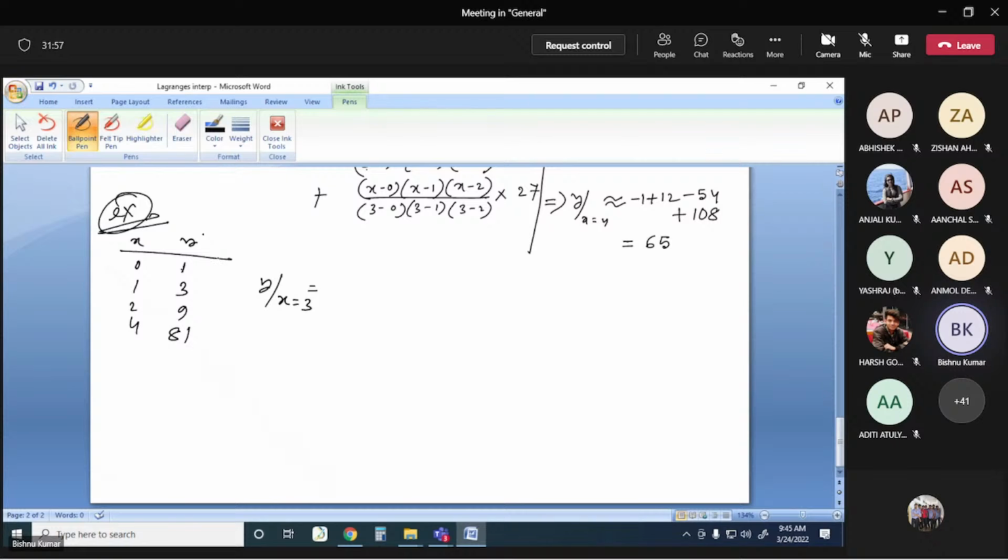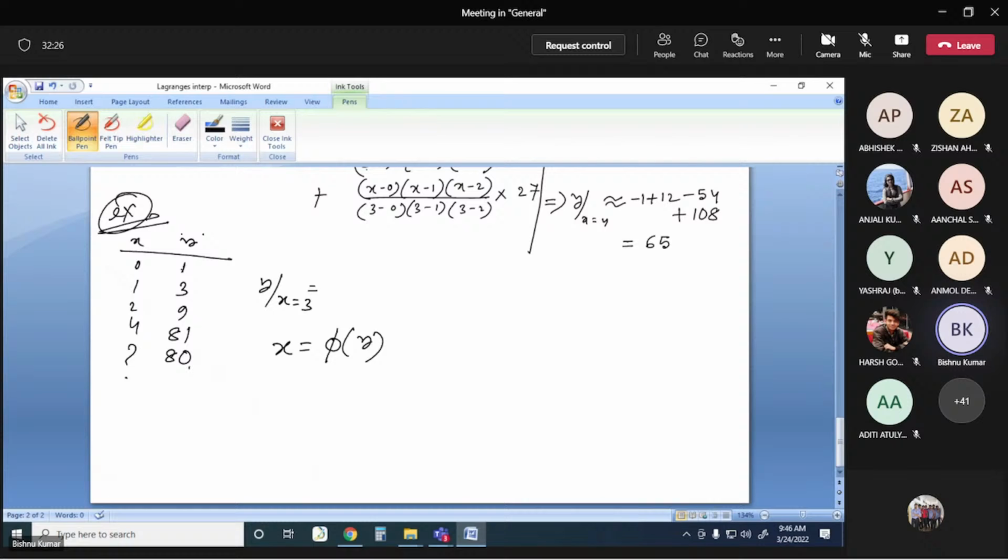So Lagrange's interpolation has one plus point: you can establish this formula in an inverse way. Suppose sometimes you have to calculate the value of x. What will be the value of x at y equals 80? That time you have to establish the formula x equals function of y in Lagrange's way.